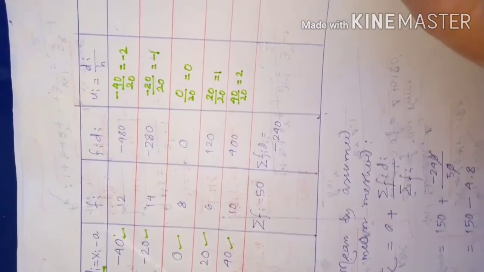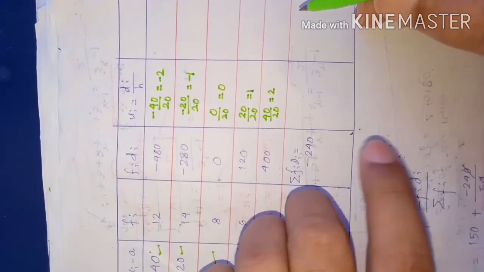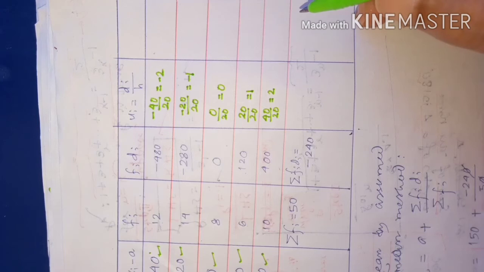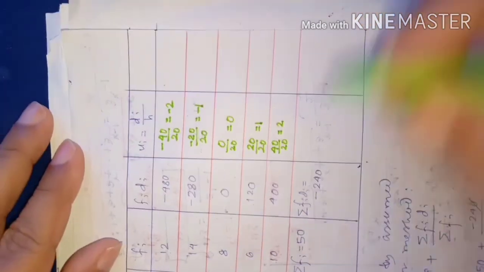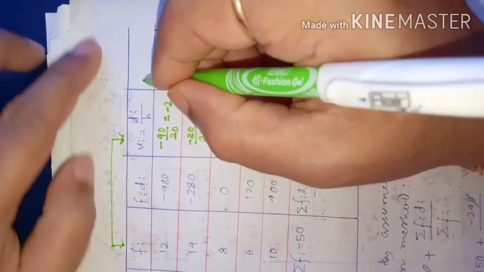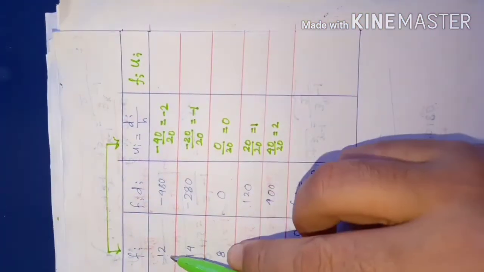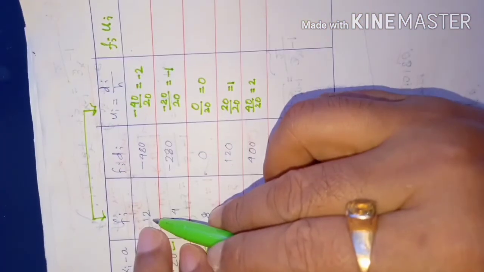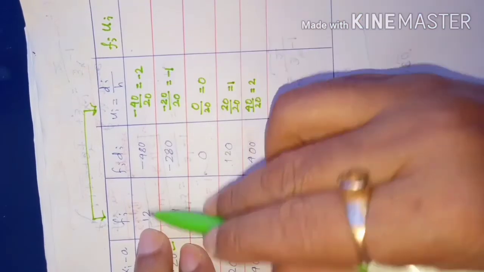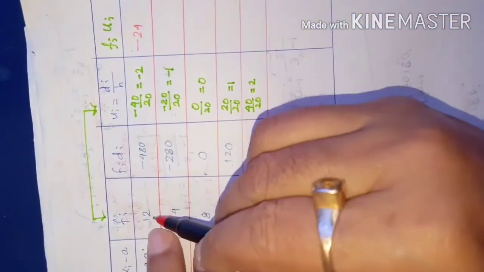See? So now the next column. fi di we write only when we are applying the assumed mean method. But since our method is the step deviation method, in the step deviation method you have to multiply the fi column with the ui column, and write the column heading as fi ui. That means these two numbers will multiply. fi here is 12, and the ui value here is minus 2. 12 times minus 2 is minus 24. Please see the heading.